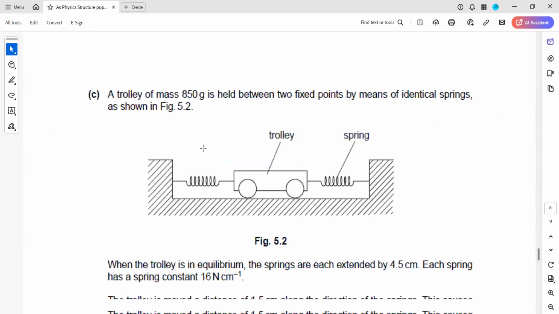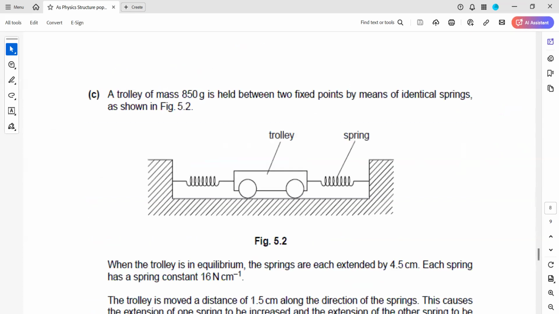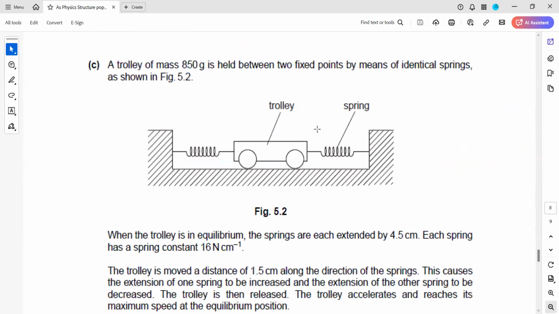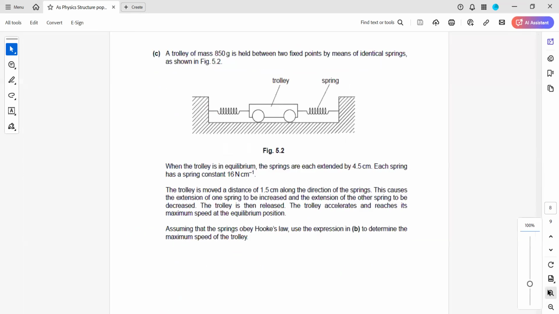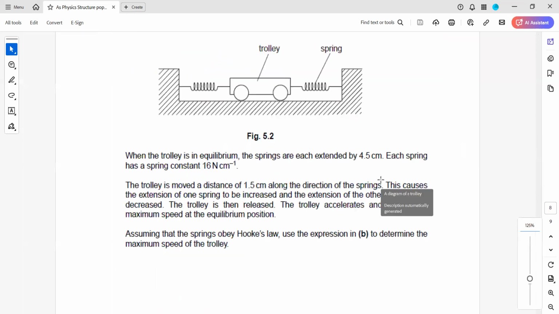Then in part C, the trolley has a mass of 850 grams, which is held between two fixed points. When the trolley is in equilibrium, each spring is extended by 4.5. The spring constant is 16 Newton per centimeter.